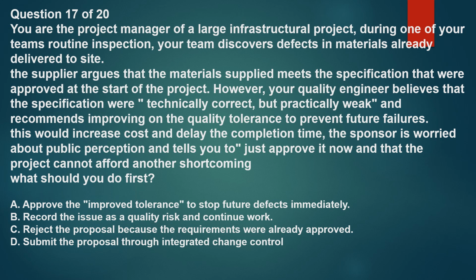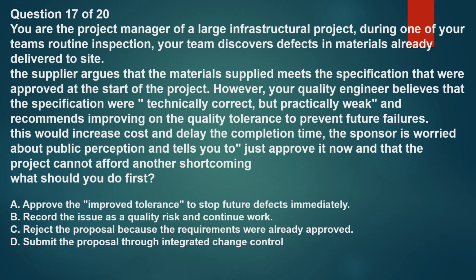However, your quality engineer believes that the specifications were technically correct but practically weak, and recommends improving on the quality tolerance to prevent future failures. This would increase cost and delay the completion time. The sponsor is worried about the public perception and tells you to just approve it now and that the project cannot afford another shortcoming. What should you do first?